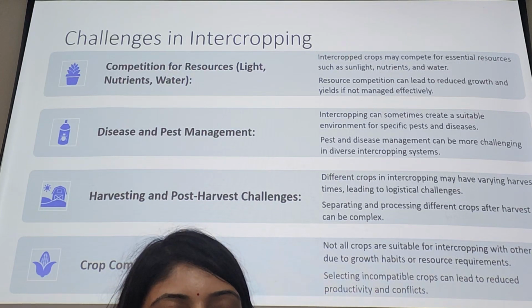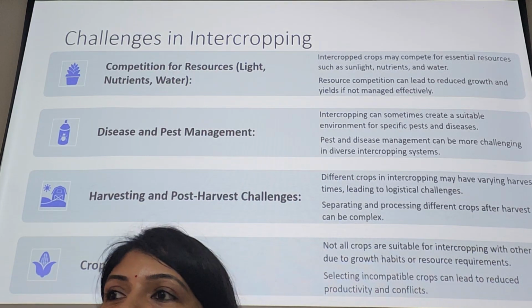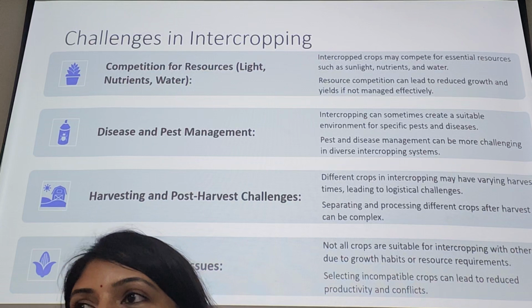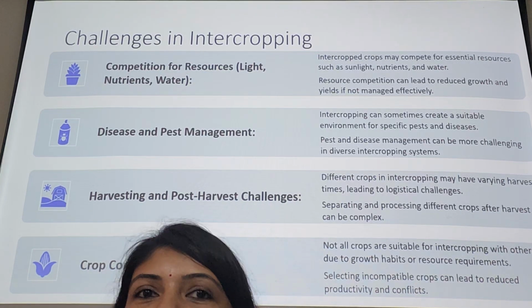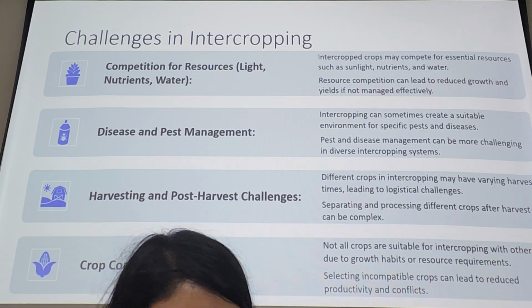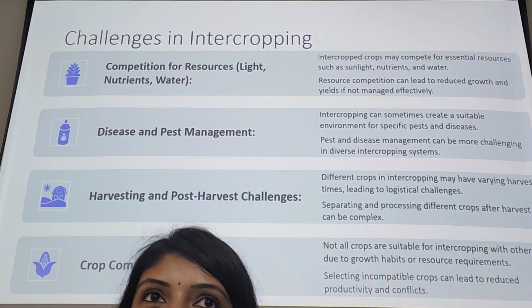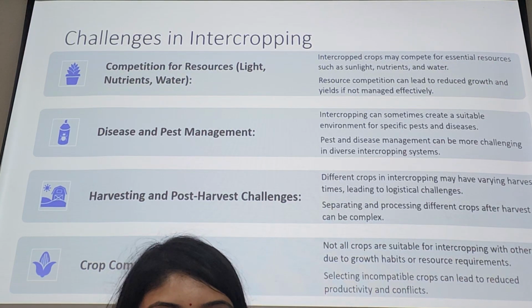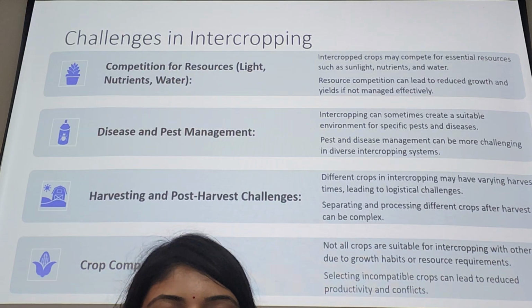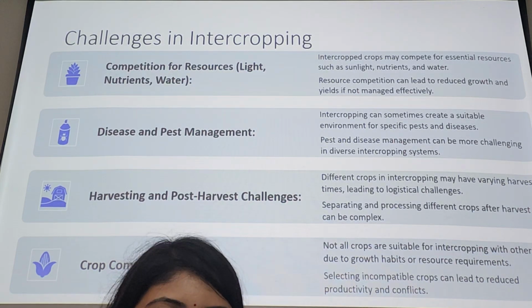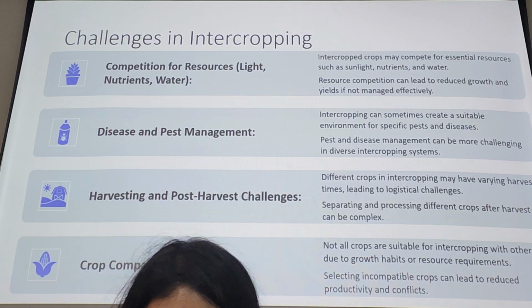Harvesting and post-harvest challenges: because we are planting different crops in the same piece of land, there are differences in the way we harvest and the time of harvest. So it may lead to logistical challenges, and separating and processing different crops after harvest can also be complex. And the final one is crop compatibility issues.